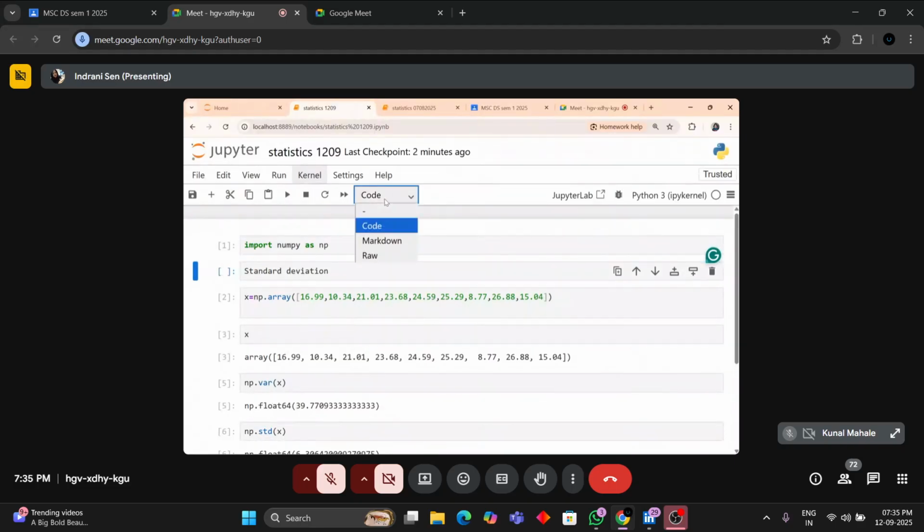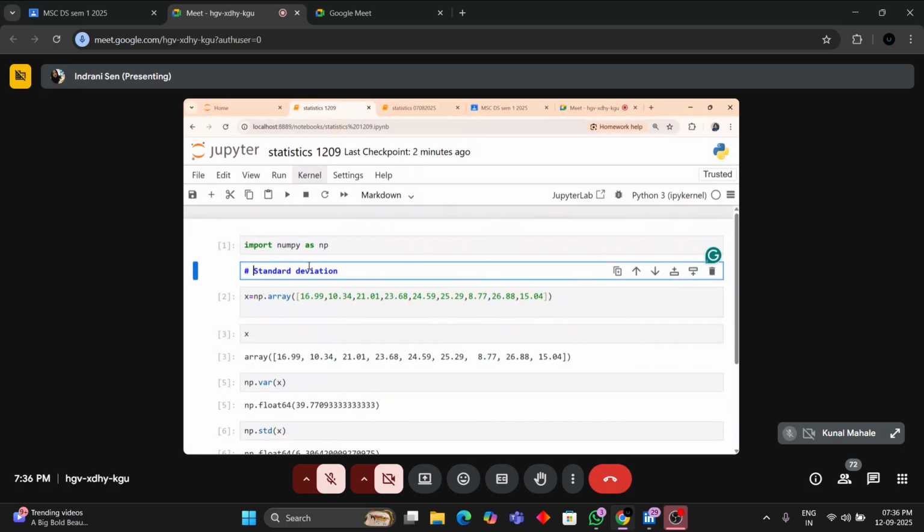You should know how to calculate the mean, you should know how to calculate the median, and you should know how to calculate the standard deviation.